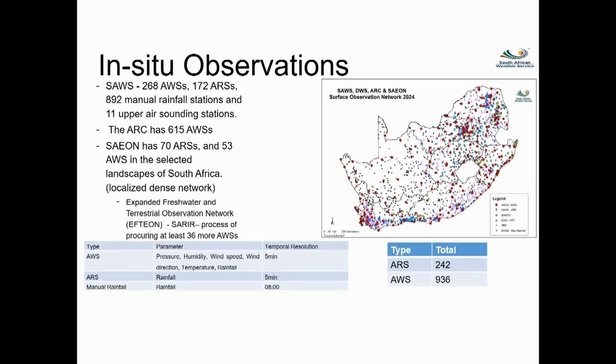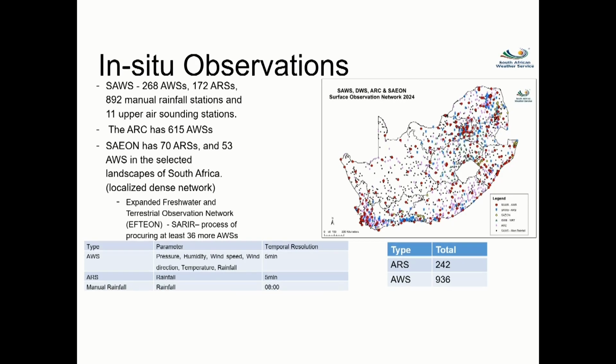So 268 from the South African Weather Service, 615 from the Agricultural Research Council, and 53 AWSs from the third organization. And when it comes to ARSs, we have 172 from SAWS and 70 from another, giving a total of 242 within the country.